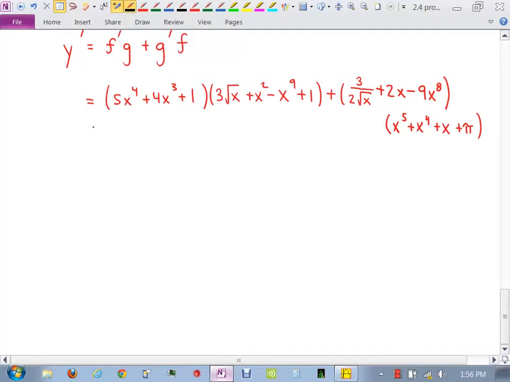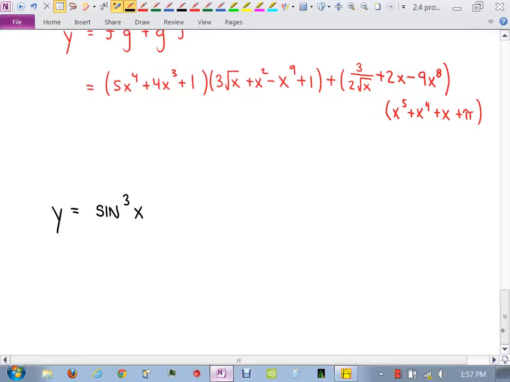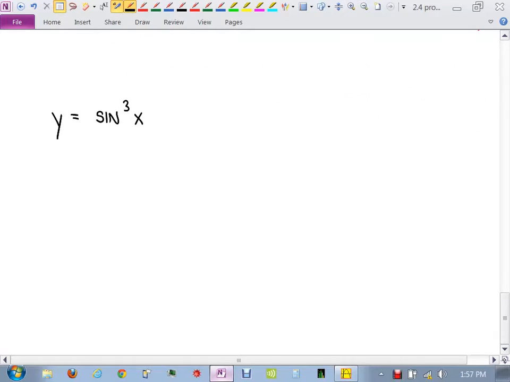Here's one that gets people sometimes. Y equals sine, let's do sine cubed x. Now, this section is about product rule, right? So we need to first see this as a product of two things.